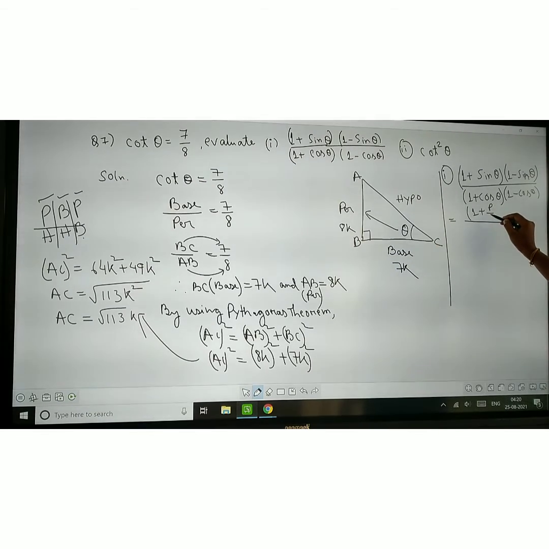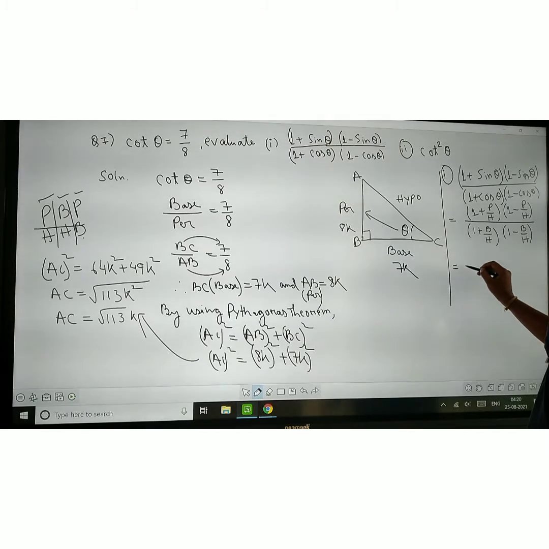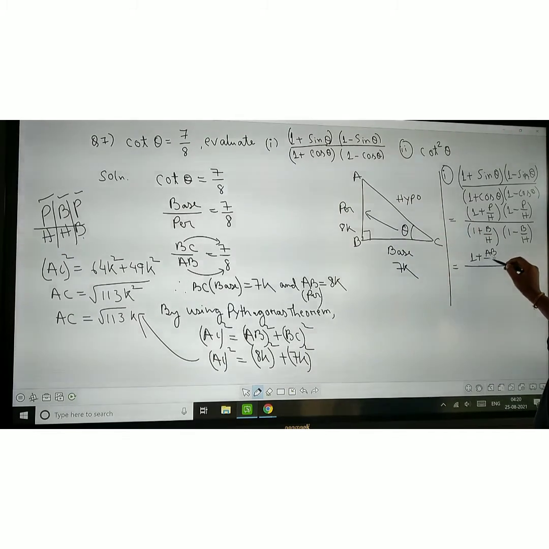Perpendicular by hypotenuse. Same here, P by H. So I am writing in short. 1 plus, what is the formula for cos theta? B by H, base by hypotenuse. Same here, base by hypotenuse. Now 1 plus, what is the perpendicular? Perpendicular is AB. What is the hypotenuse? AC.